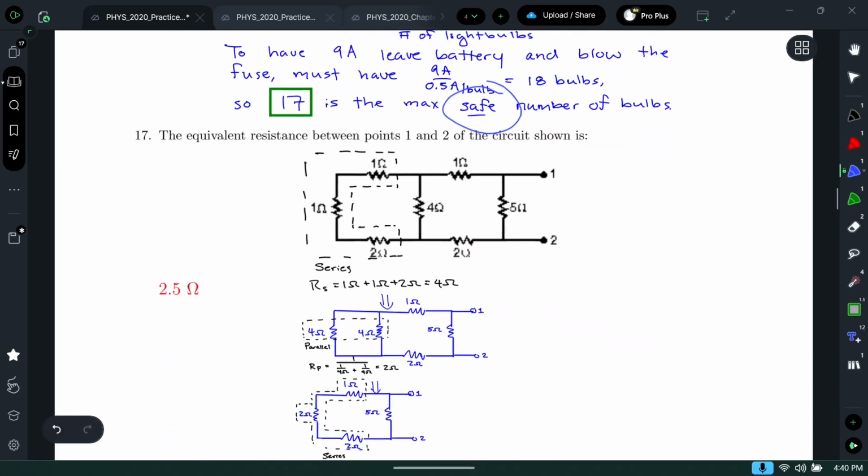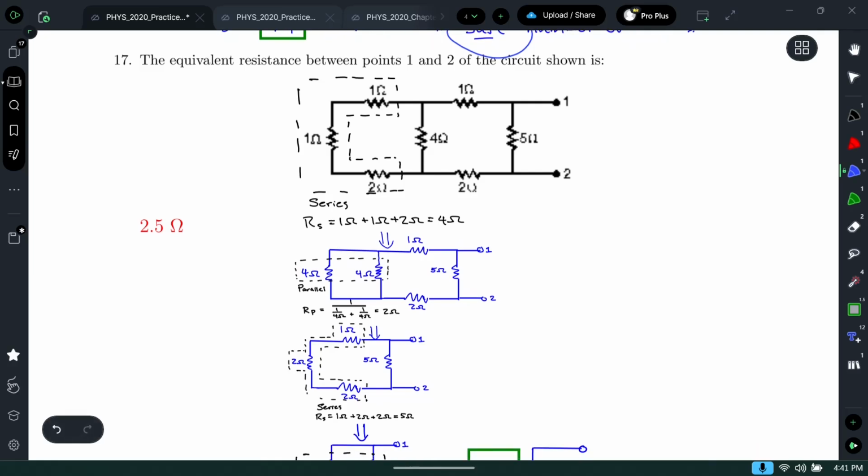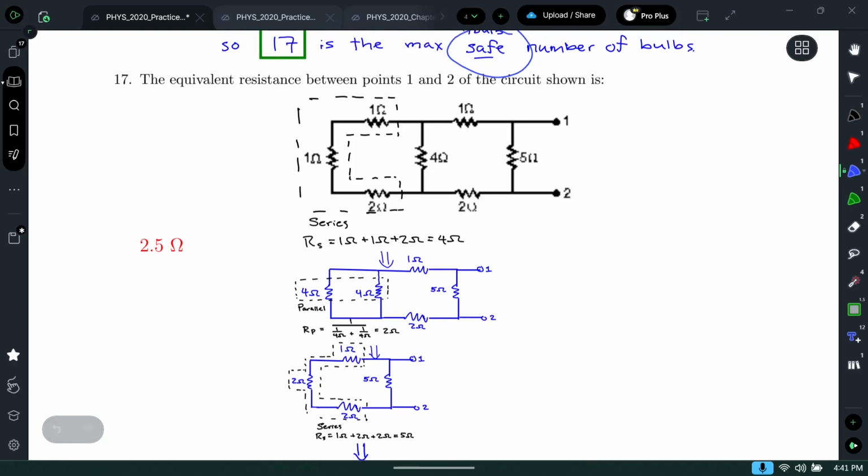Okay, 17. The question is finding equivalent resistance. So this is like that capacitor problem we just did. And I just go step by step of saying what's in series and parallel, what's not. I would say, just based on what I've seen in the past, don't go with your gut.